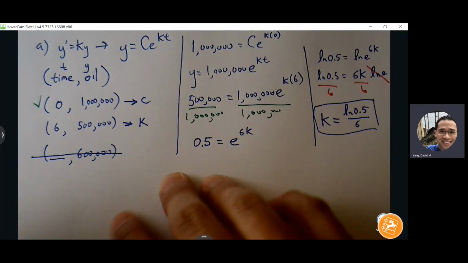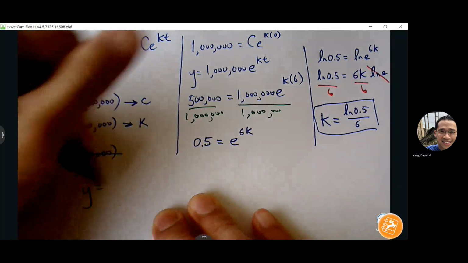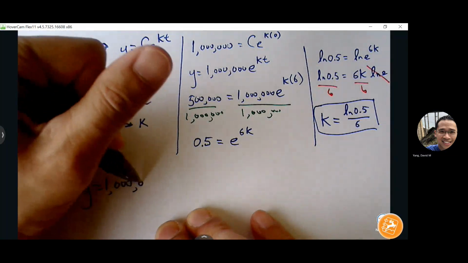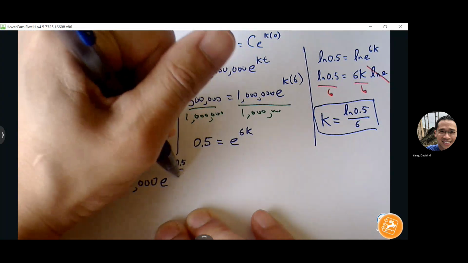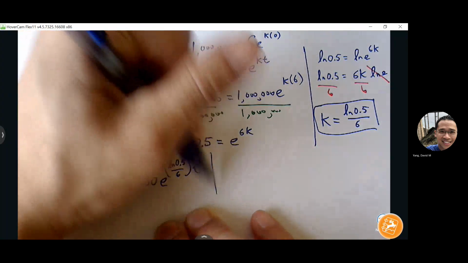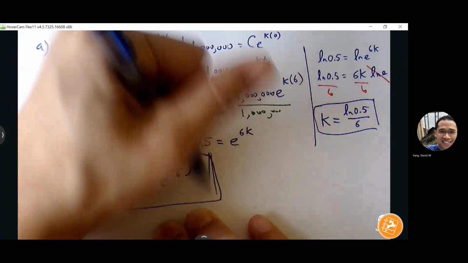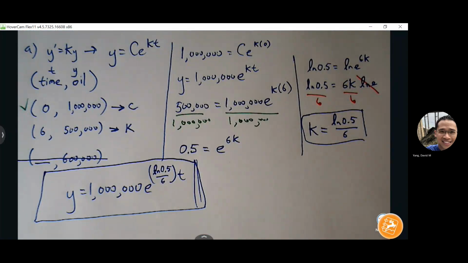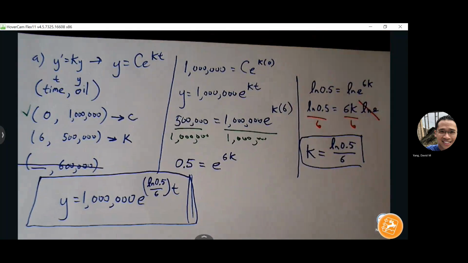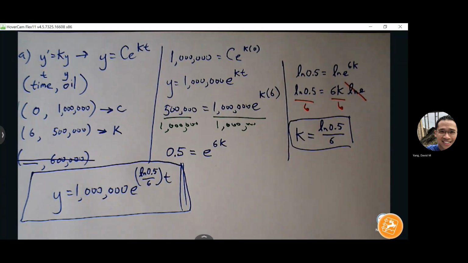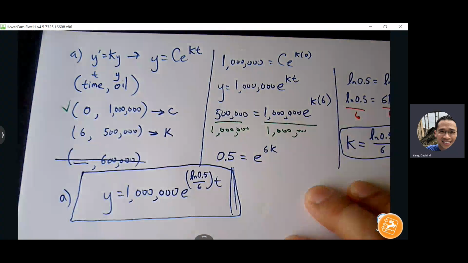All right, so now I can write my specific equation. Okay, so that's part A. This is my specific equation.